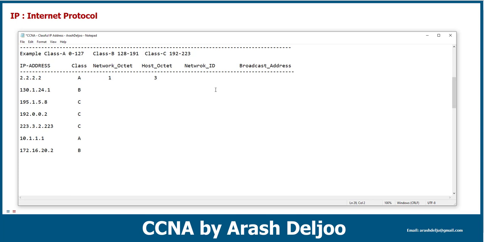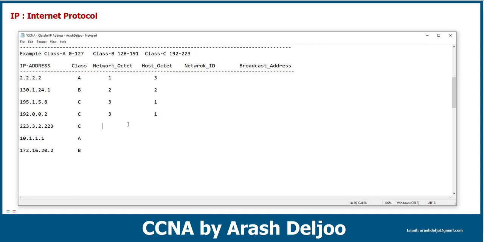And after that, in class B, we have 2 network octets and also 2 host octets. In class C, again, we have 3 network octets and also 1 host octet. Again class C, 3 network octets and 1 host octet. Okay.